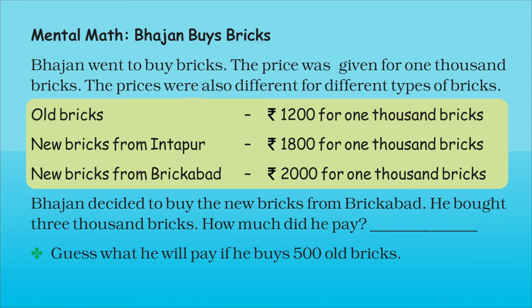Bhajan went to buy bricks. The price was given for 1000 bricks. The prices were also different for different types of bricks. Look at this table. Old bricks cost rupees 1200 for 1000 bricks.